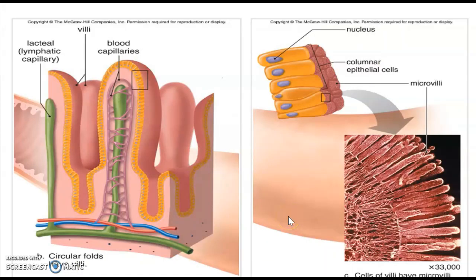The small intestine, or small bowel, is a hollow tube about 20 feet long that runs from the stomach to the beginning of the large intestine. The small intestine breaks down food from the stomach and absorbs much of the nutrients from the food.